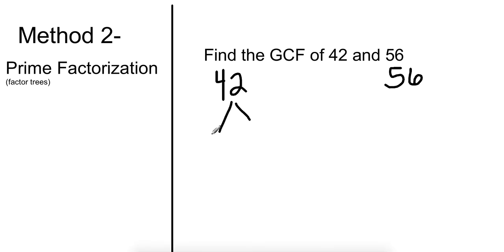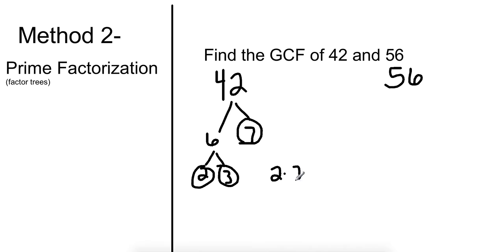All right, I'm going to divide 42 into 6 times 7 is 42. 7 is prime, so I circle it. 6 can be broken down to 2 and 3, and then I'm going to circle both of them. So now this is a 2 times a 3 times a 7. I'm going to write them out in expanded form. So let's do 56. Well, 8 times 7 is 56. 7 is prime.